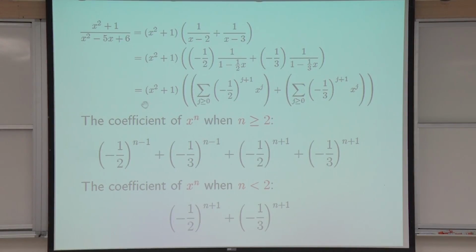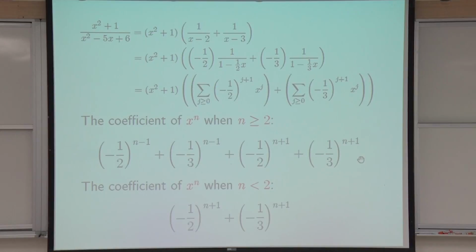And here we have x squared plus 1. So if we want to get the coefficient of x to the power n, then we can have the coefficient of x to the power n here, plus the coefficient of x to the power n minus 2 in here. So we can get the coefficient of x to the power n equal to the sum of these 4.